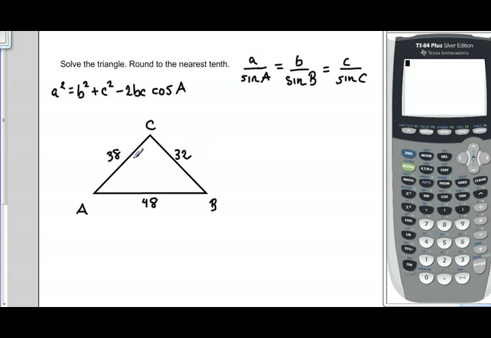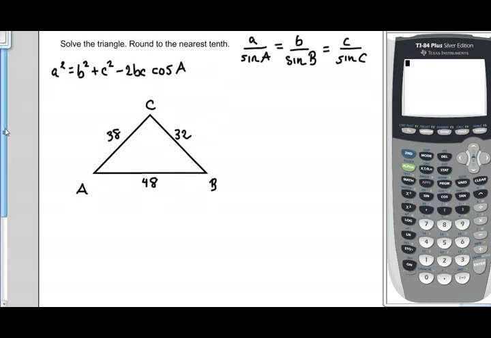We have all the sides, but we have no angles, so therefore we have no choice but to use the law of cosines. So here's one variation. There are two other variations, but we're going to use this one, and ultimately we're going to try to solve for angle A.